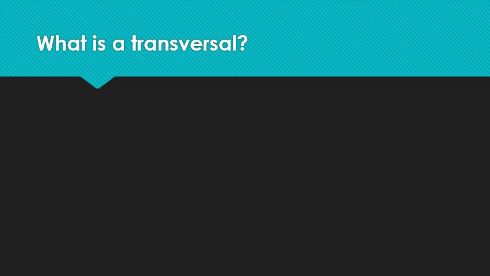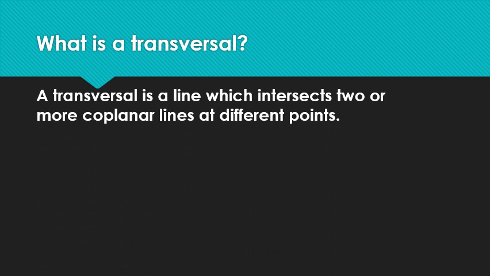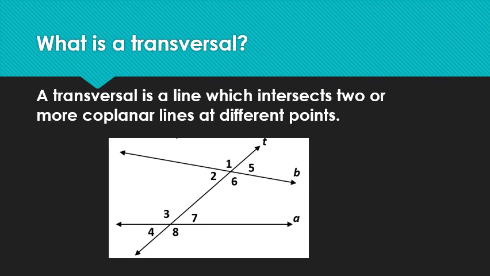All right, so as we start our study of lines and angle pairs, we first must determine what a transversal is. A transversal is a line which intersects two or more coplanar lines at different points.